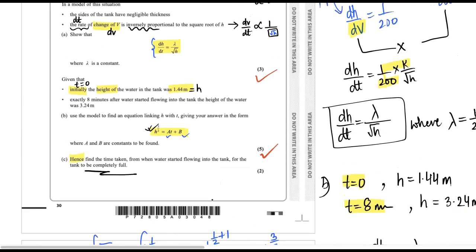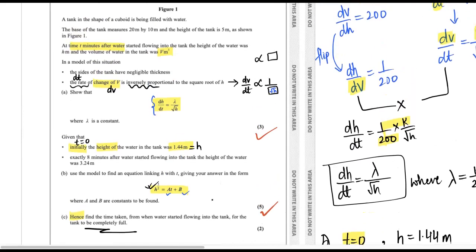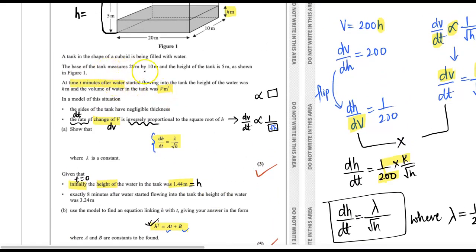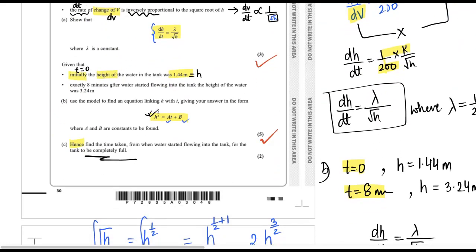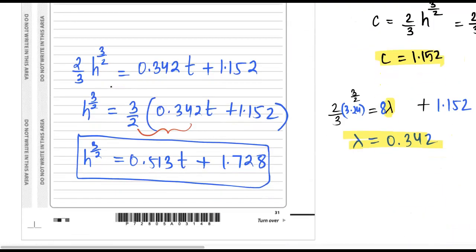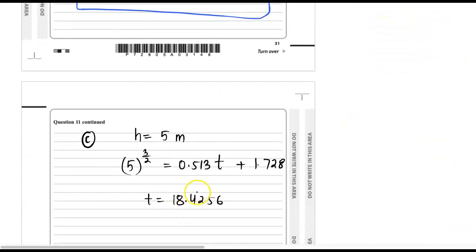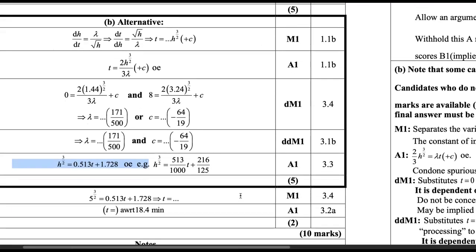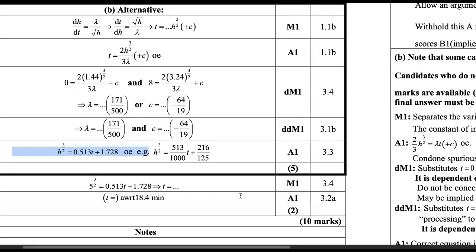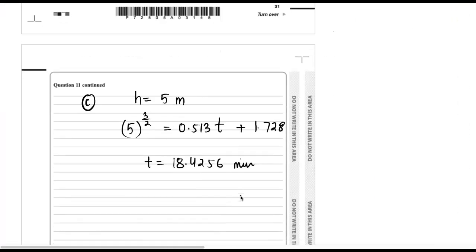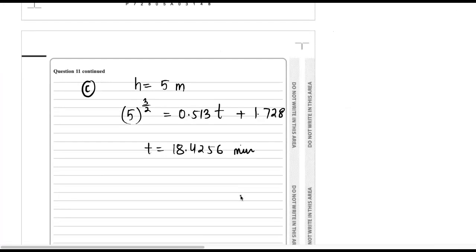Minutes, I guess, because the whole question was based on minutes only. They could have made it challenging by writing seconds over here, but they didn't. Okay, minutes. Let's see if we are correct. Okay, we are correct: 18.4 minutes. Perfect.